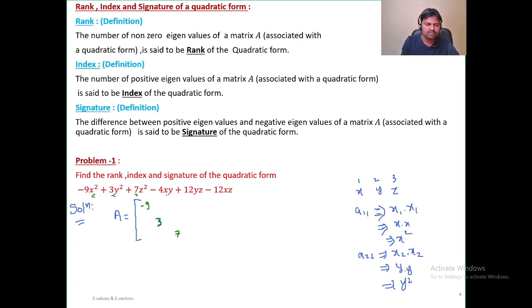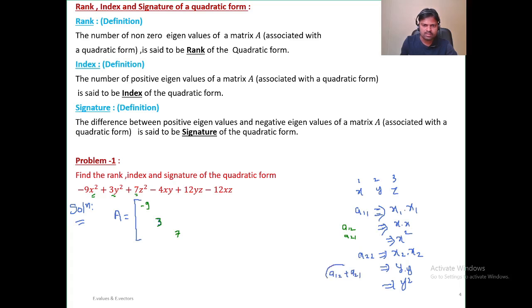Next, minus 4 into xy. X is the first variable, y is the second variable. A12 or A21. So therefore, what can I write? A12 plus A21.